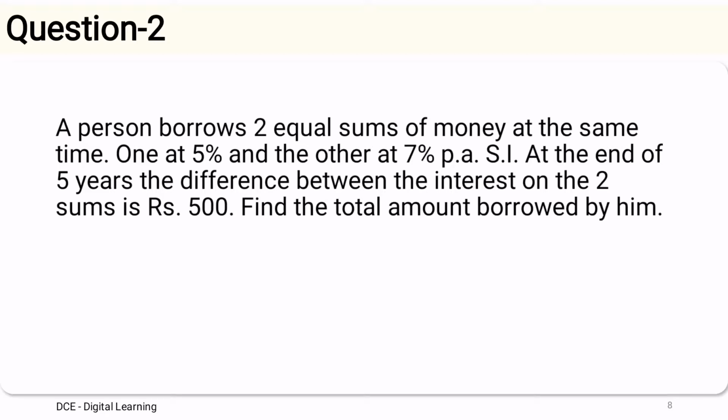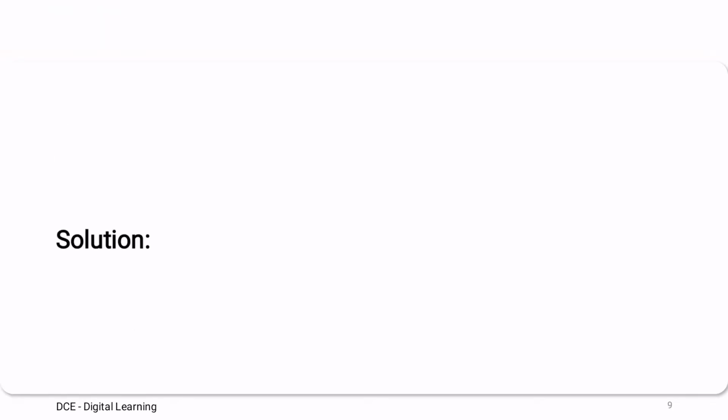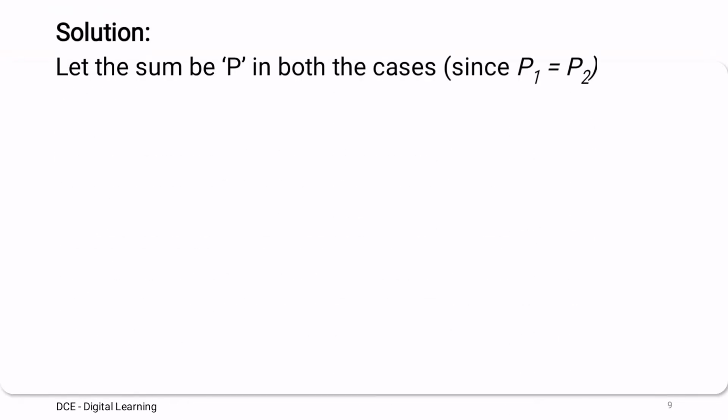rupees 500. So simple interest in case 2 minus simple interest in case 1 is rupees 500. We have to find total amount borrowed. Total amount borrowed means principal amount 1 and principal amount 2. So let this sum be P in both cases, since the sums are equal.